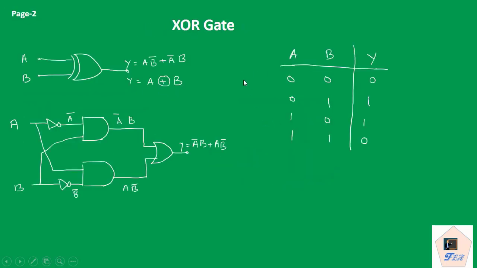The full form of XOR gate is exclusive OR gate, and the symbol for XOR gate is given like this. It is not exactly a basic gate.